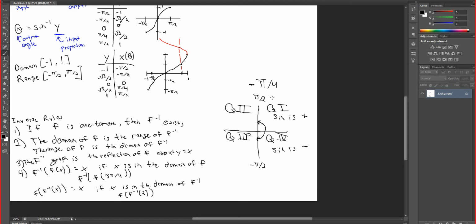So we can only ever work with angles that are in either quadrant 1 or quadrant 4 for sine inverse. Alright, only want angles in Q1 or Q4.